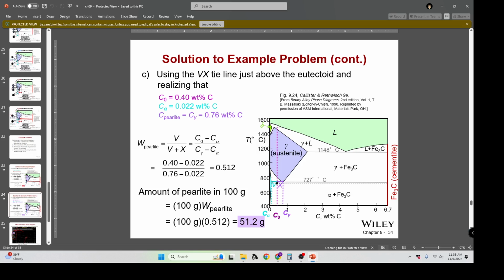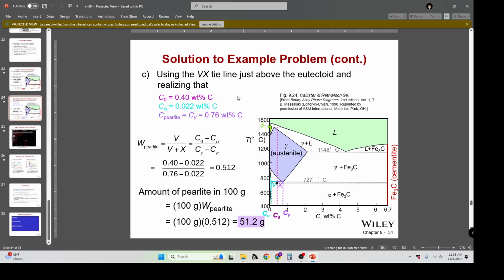So pretty straightforward example. And we have 0.4 weight percent, 0.022 weight percent in the alpha. So the perlite is the remainder, or perlite is just above this temperature. We can calculate this.